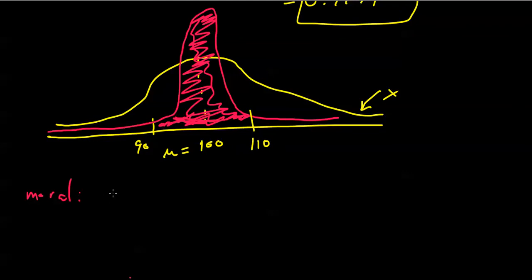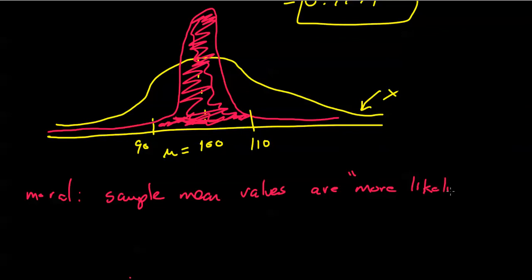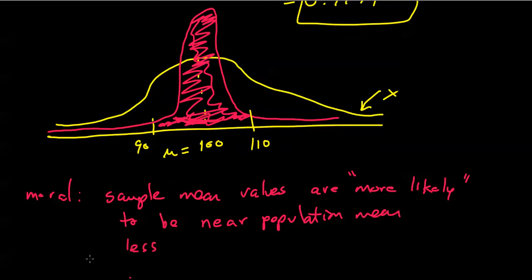Moral of the story here is sample mean values are more likely to be near the population mean, and of course that means they are similarly less likely to be away from the population mean.